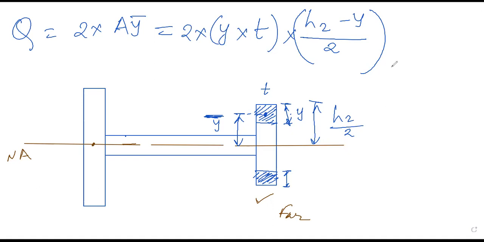So after simplification, Y into T, the 2 gets cancelled, and it is h2 minus Y.